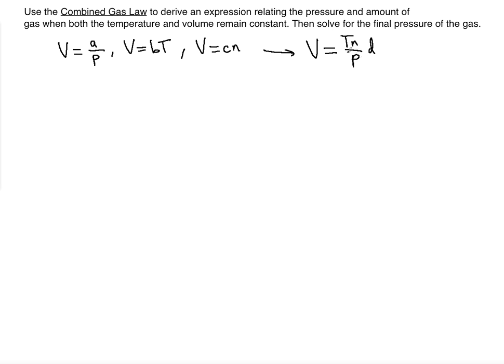And you can transform this into any one of these equations if you let the temperature be stable and the pressure be stable, then the T and P would cancel out, but we're not going to get into this. So this is the combined gas law equation here.